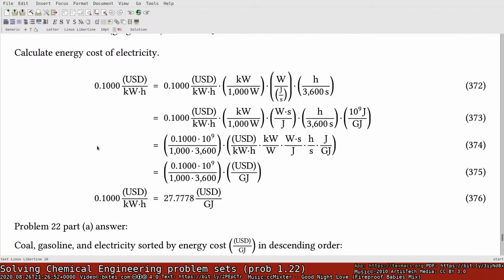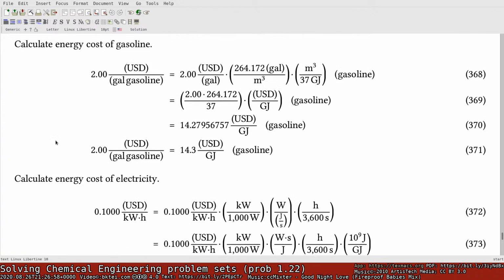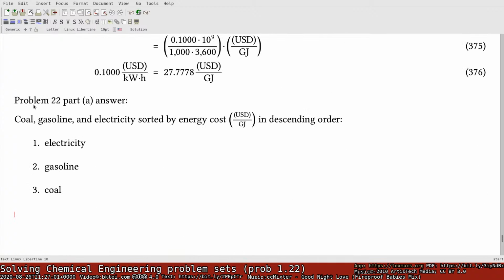Part B, explain the discrepancy. Problem 22, part B, answer.